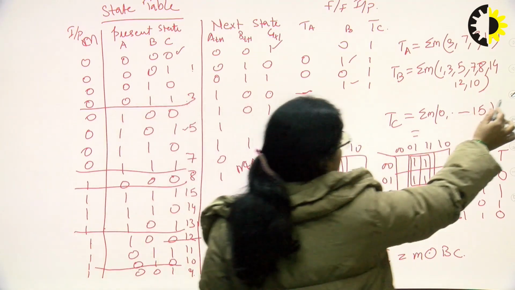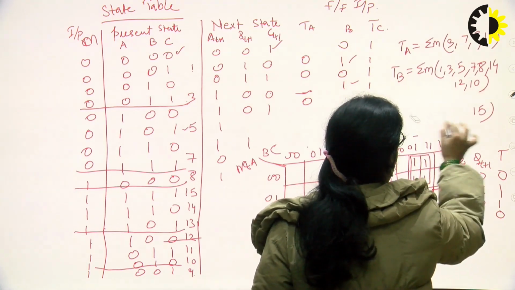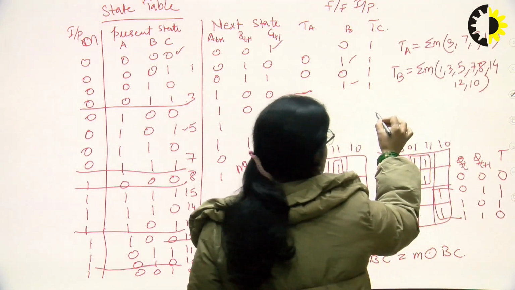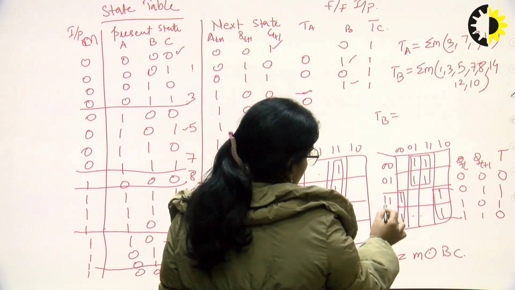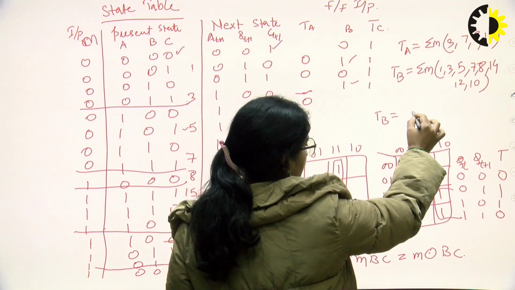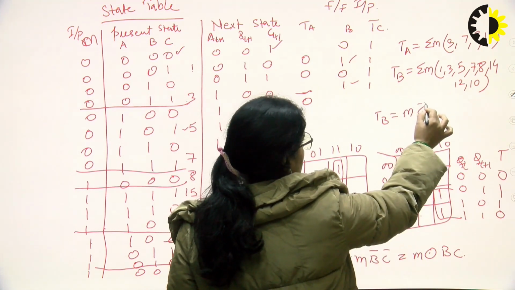I can just erase this. We can write TB equation here only. So for TB, the equation will be, M is not changing. So we will put M, and here C bar is not changing.